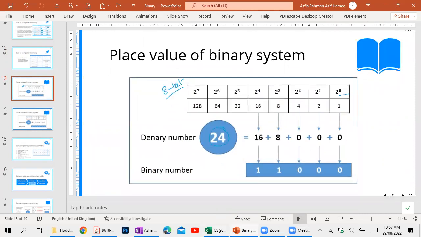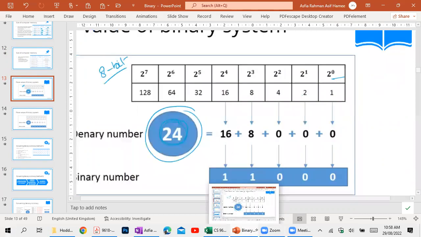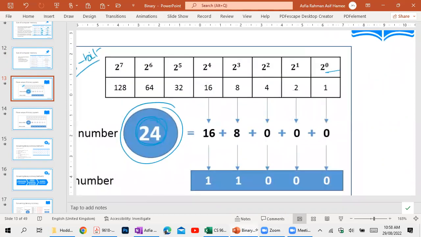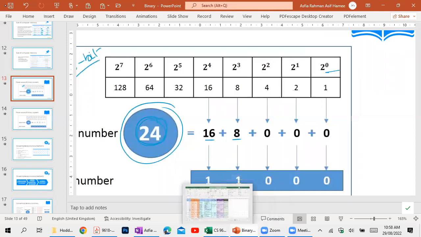If we have a denary number 24, to represent it in binary, what do we need to do? How do you think it knows whether 16 or 8 is 1? We do write 1, but how do we know which place should be 1?